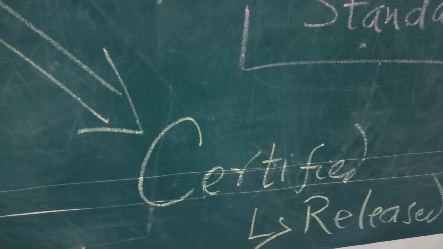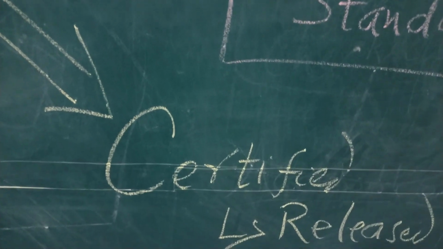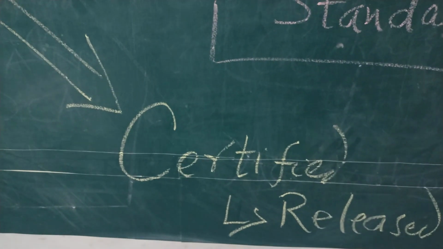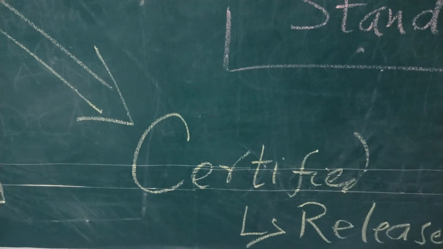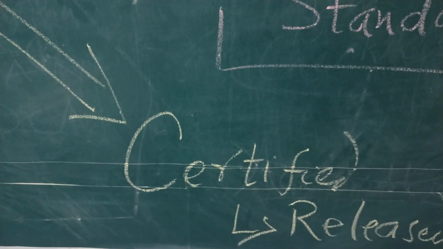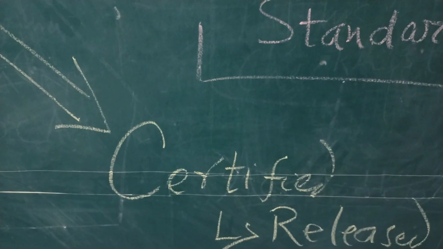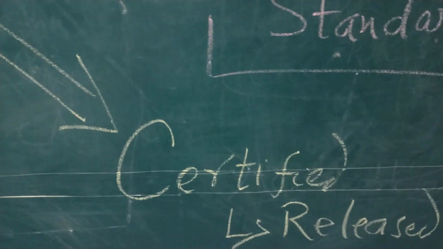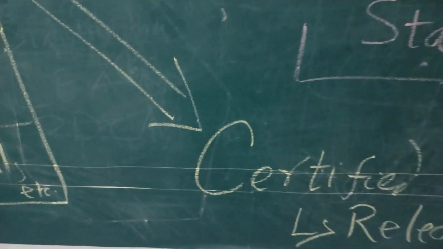And that particular product will get certified and will get released. Then we say, okay, this particular design is certified, it is meeting all the requirements, and it can be released. This is how the basic flow of quality goes.